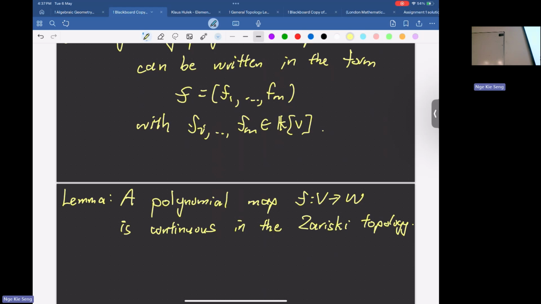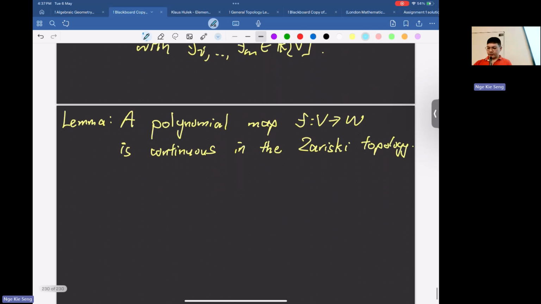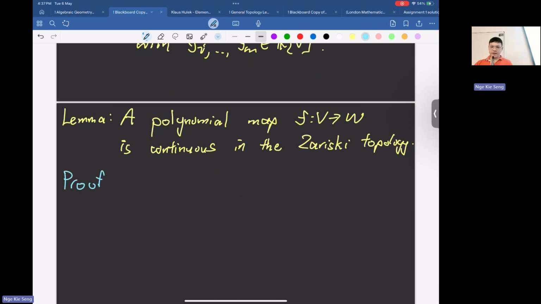There's another version, right? Open version. If the inverse image of an open set is open, then this function is also continuous. But because we are working in the Zariski topology, which is a closed set topology, we'll use the closed version. They are equivalent. It's very easy to see why.